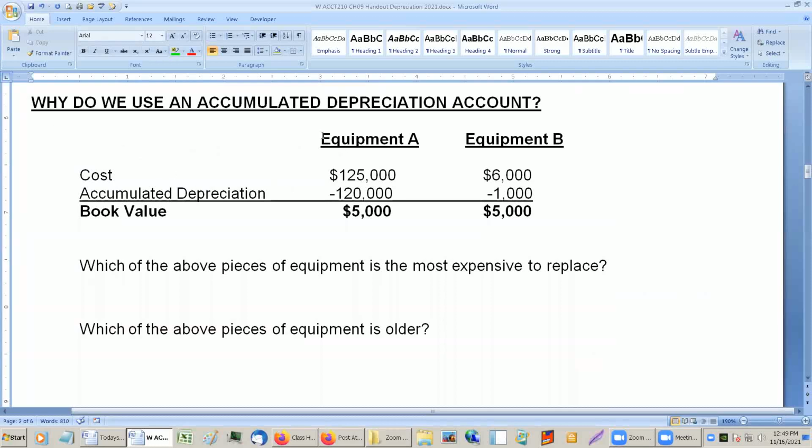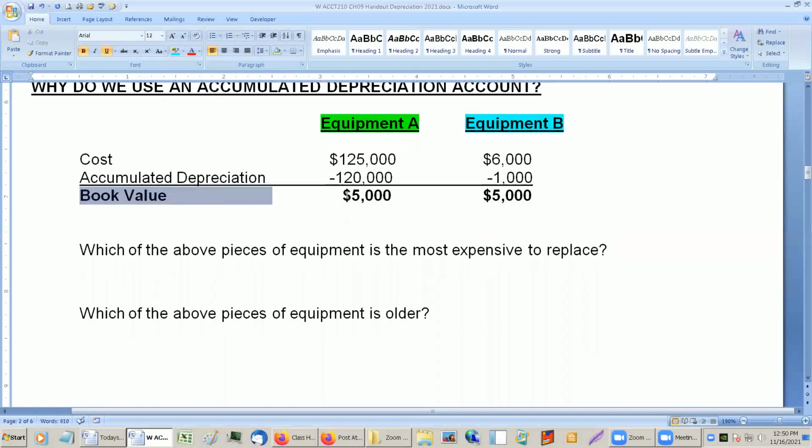So you have two pieces of equipment, equipment A and equipment B. And you'll notice that they both have exactly the same book value, cost minus accumulated depreciation. The book value is 5,000 for each of them. However, which one would be more expensive to replace, A or B? A. Yep. A is obviously much more expensive.